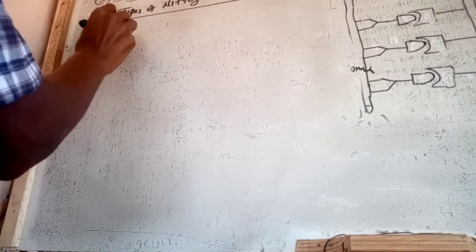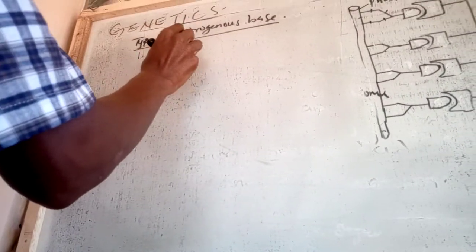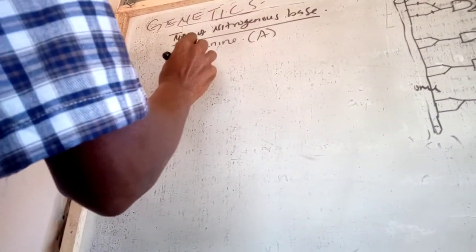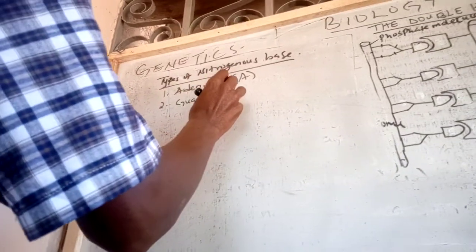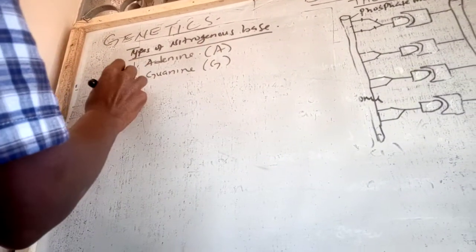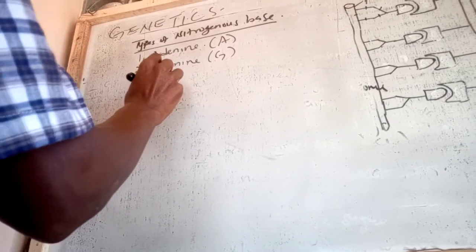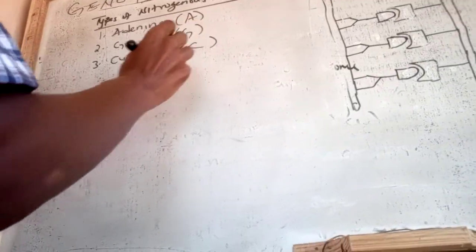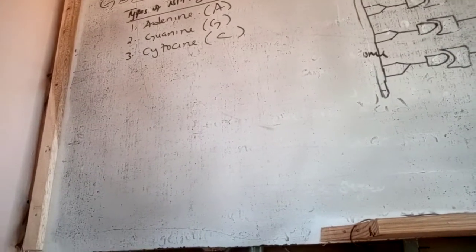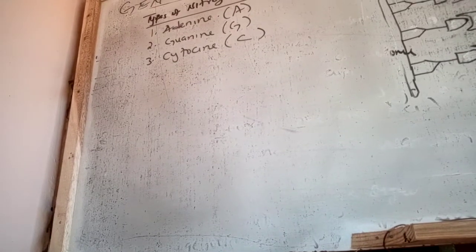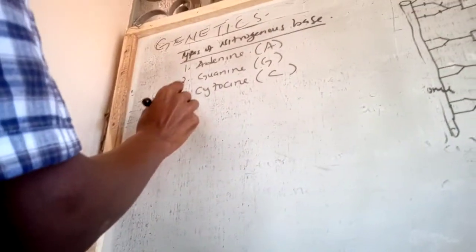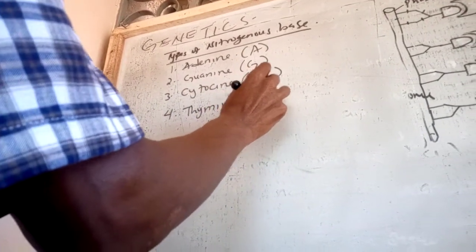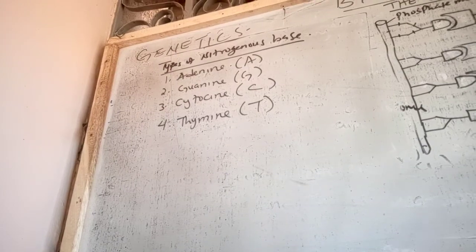The first type is adenine, denoted by capital A. Then we have the second one, guanine, denoted by letter G, and the third one is cytosine, denoted by letter C. As far as the DNA molecule is concerned, there are 4, and the fourth one is diamine, denoted by letter T.